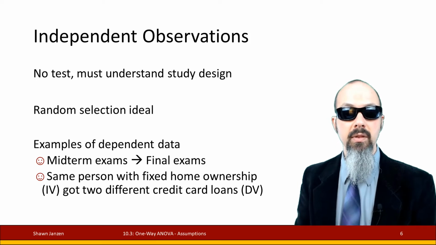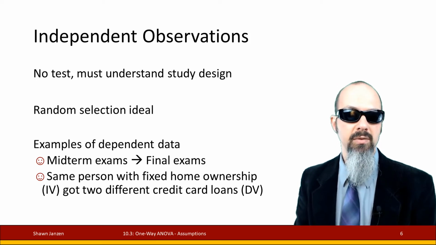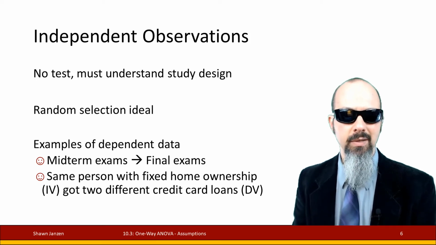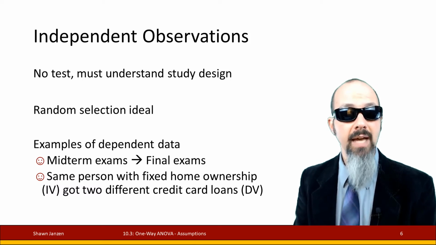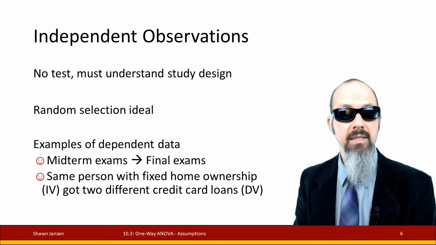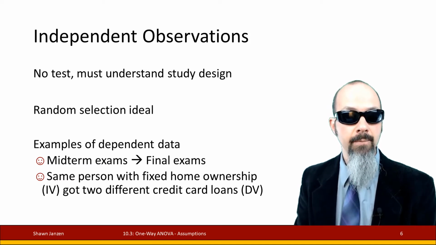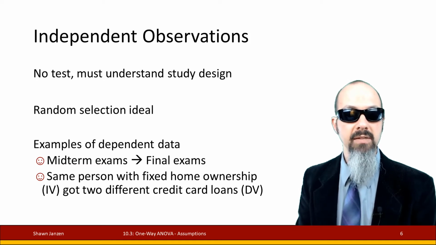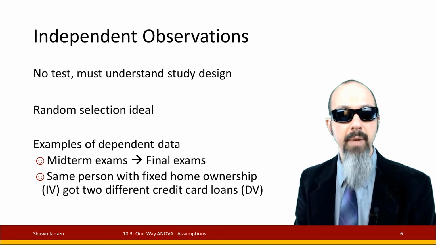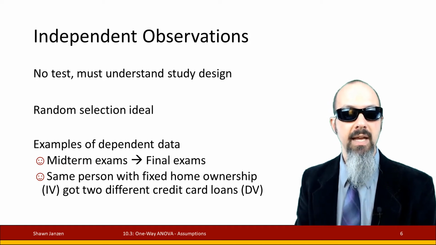And so another thing you might want to look at is, oh, well, exams, of course it's easy. Well, how about something that's not as specifically time dependent, but still has dependency to it? Think about somebody who has home ownership, and they're getting different lines of credit cards. And both of them are coming in because of that particular home ownership. And so there's a dependency there between having that status of the home and having multiple offers at the same time that are going on.